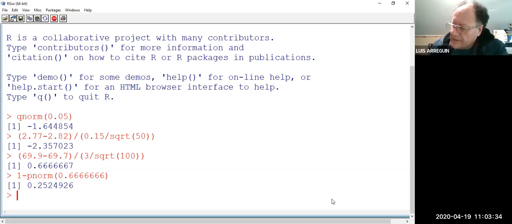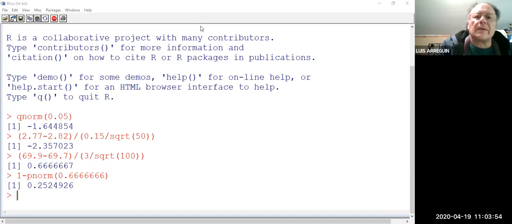So it's going to be 0.25. So our value is 0.25, 24,926. So now we're going to be able to make a decision.